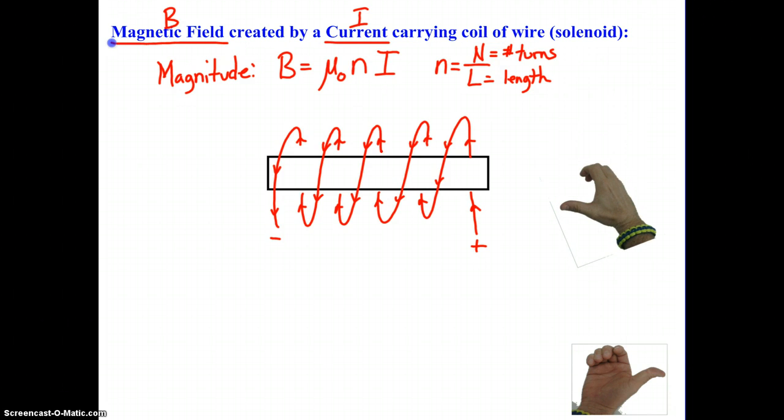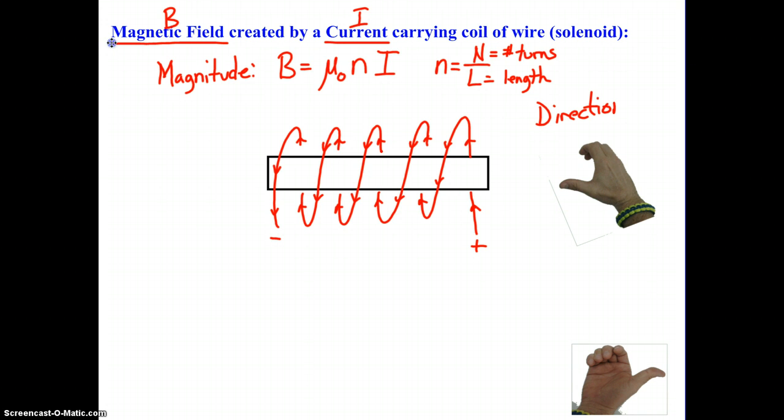So for direction, your fingers this time curl in the direction of the current flow, and your thumb points in the direction of the north pole of the magnetism. Okay? So that's how this hand rule is used to determine the direction of the magnetic field created by a current-carrying coil of wire.